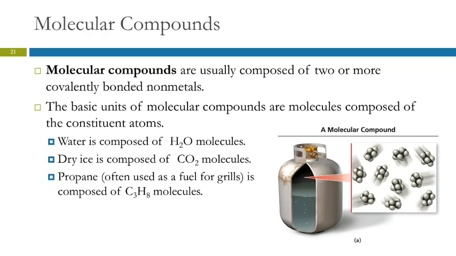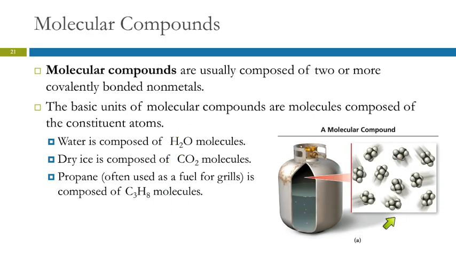So those are elements. Compounds, molecular compounds, we just talked about covalent bonds, so we've got 2 or more nonmetals bound together because they're sharing electrons. So molecules are composed of atoms. The molecules are the basic units of molecular compounds.